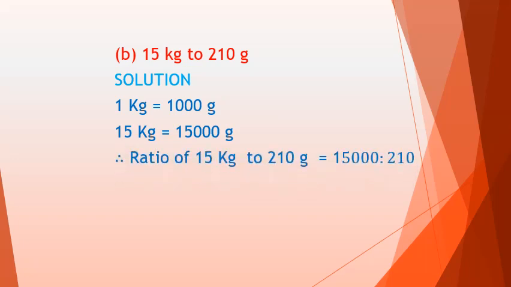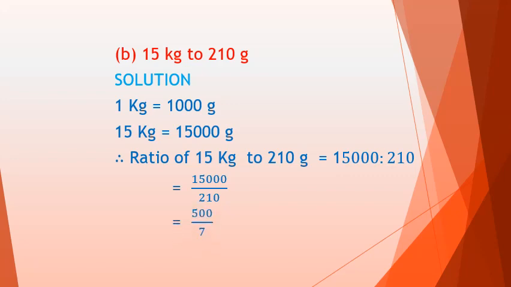Now we have to find the ratio of 15 kg to 210 gram, which equals 15,000 is to 210. Remember that we can treat ratio just like a fraction. Hence, we can write it in the form of a fraction. So, we can write 15,000 upon 210.